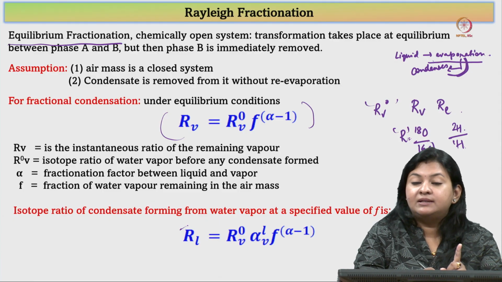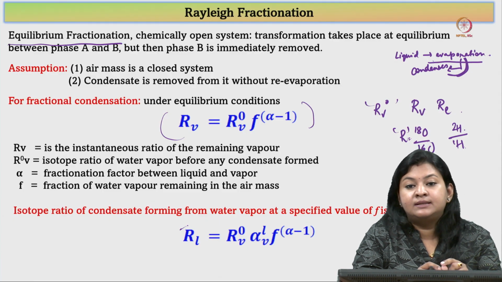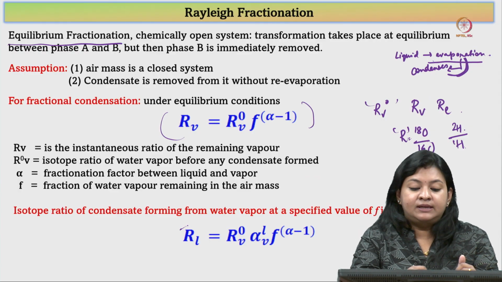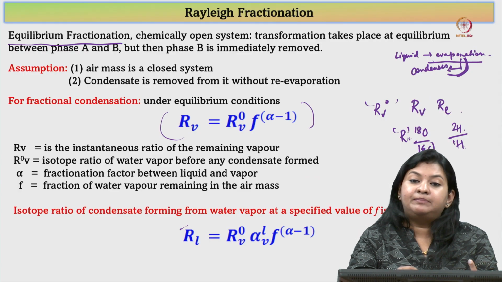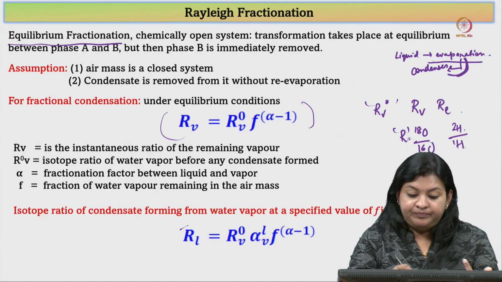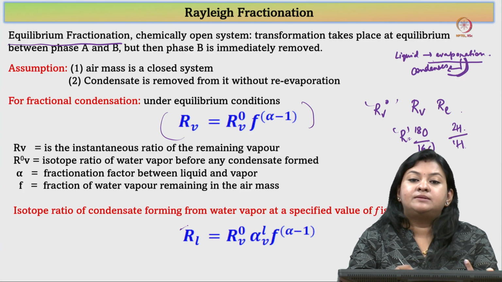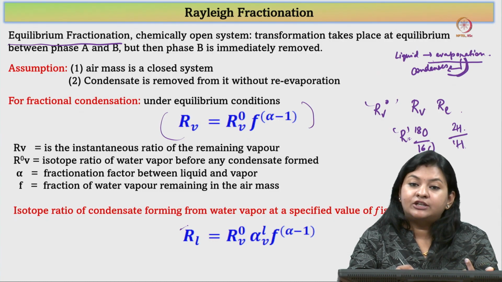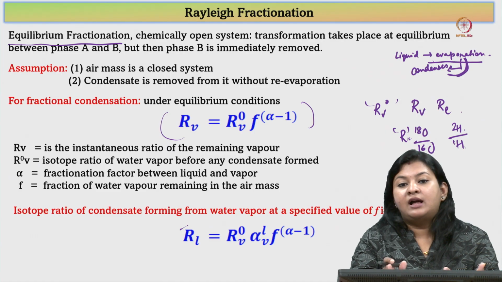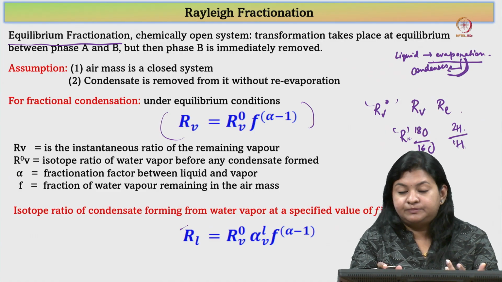Now I am considering it is in the liquid phase, that is the rainfall phase. So, the ratio in the liquid is equal to the initial vapor ratio multiplied by alpha, the fractionation factor between the liquid and vapor, again multiplied by the fraction of air mass remaining to the power of alpha minus 1.